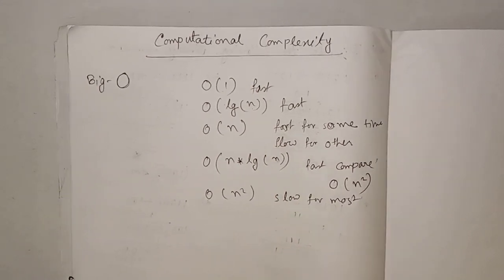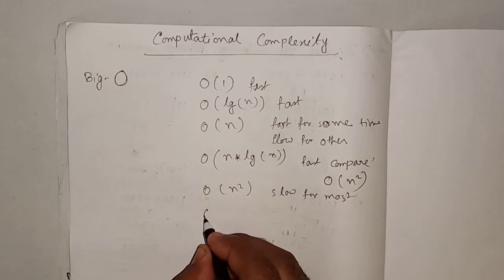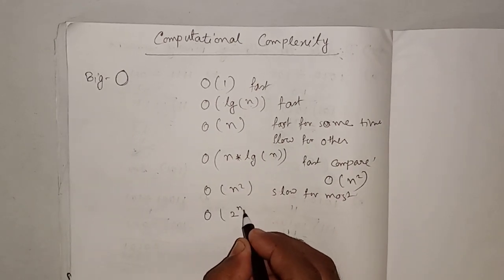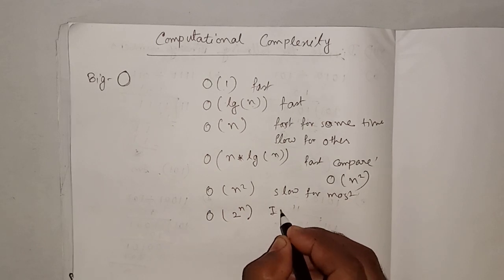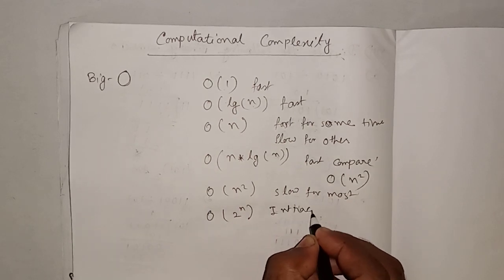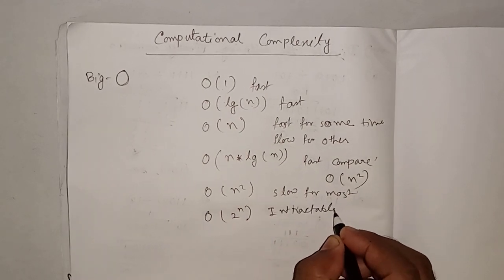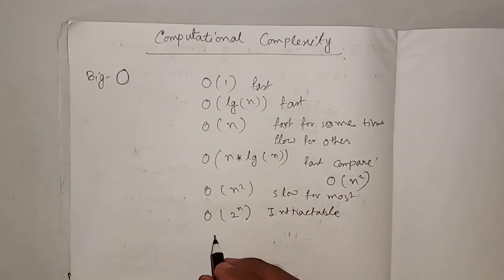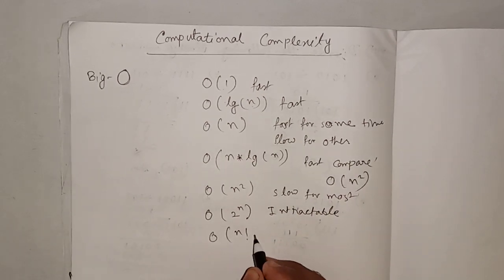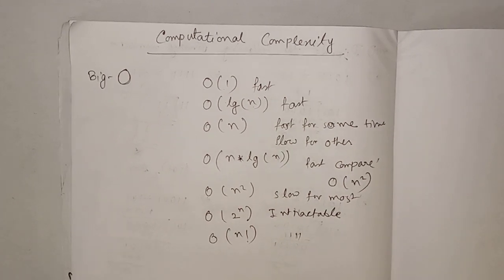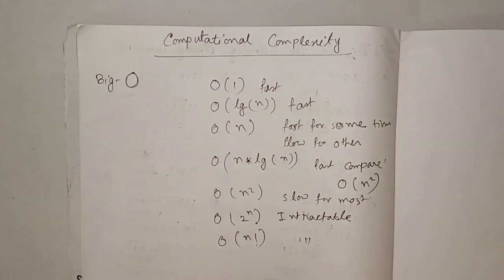And O(2 to the power n), intractable. O(n factorial) is also intractable. Now, how do we get these things?